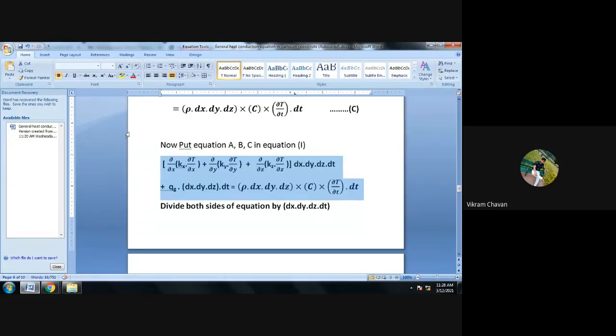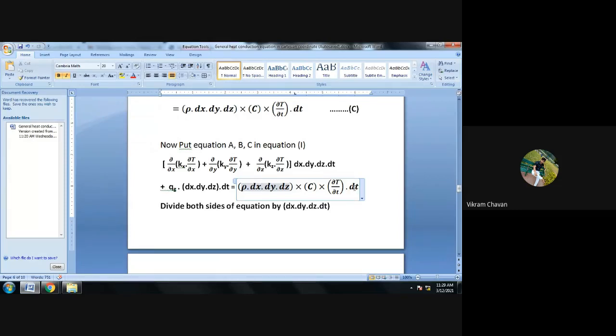Okay, over. Then further we have to divide by dx dy dz multiplied by dt throughout the equation, because this is the common part in the three parts of the equation. The first part has dx dy dz dt, the second part also has dx dy dz multiplied by dt, and the third part also has dx multiplied by dy multiplied by dz multiplied by dt.